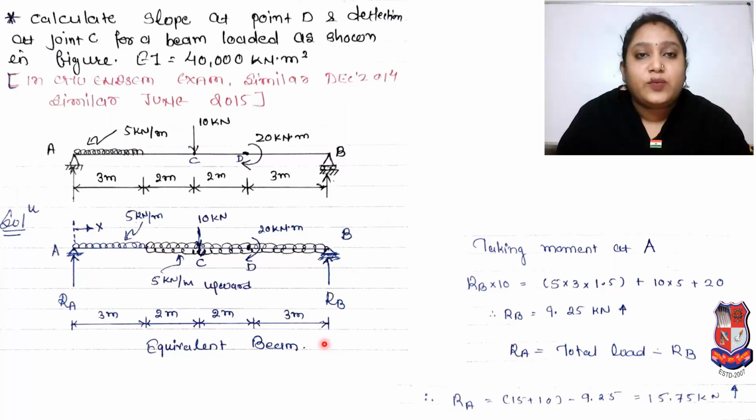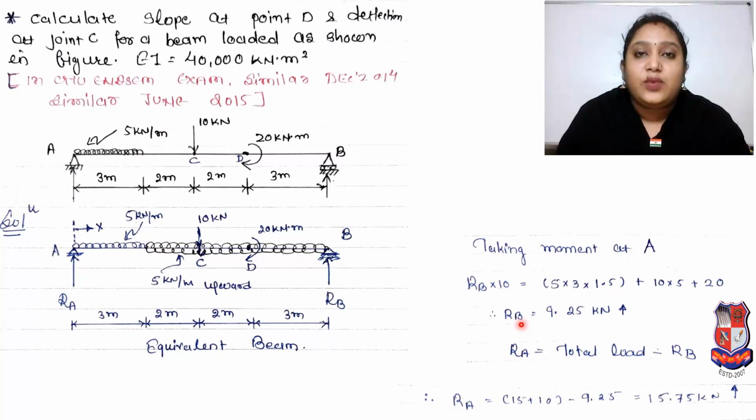Now as per our previous problem, we will go for our reactions. Taking moment at A, RB into 10 is equal to 5 into 3 into 3 by 2 plus 10 into 5 plus 20. So RB into 10 is equal to 5 into 3 into 1.5 plus 10 into 5 plus 20.